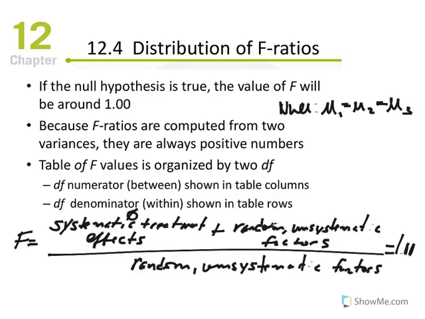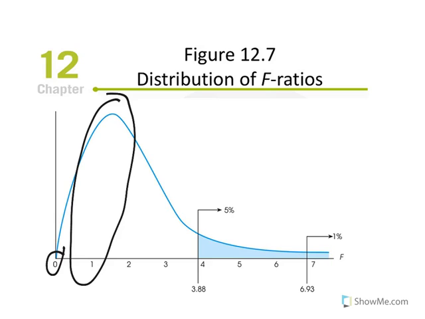The DF for the numerator, which is in reference to the between variability, and the DF in the denominator, which pertains to the within variability. So again, the exact shape of the F distribution is contingent upon those DF values. In fact, we can recall that the precision or accuracy of the sample variance depends on the number of scores, or the degrees of freedom.